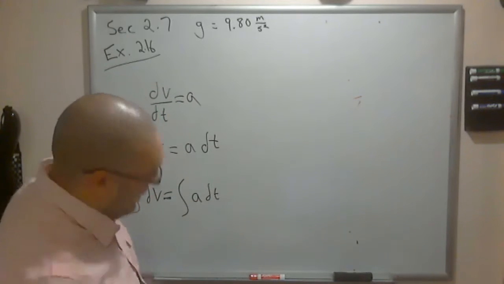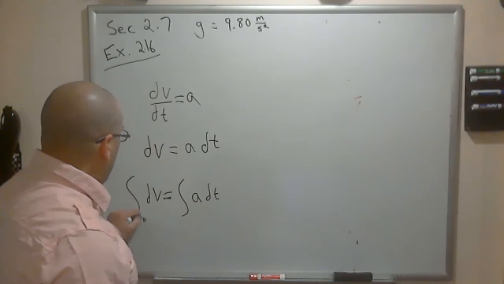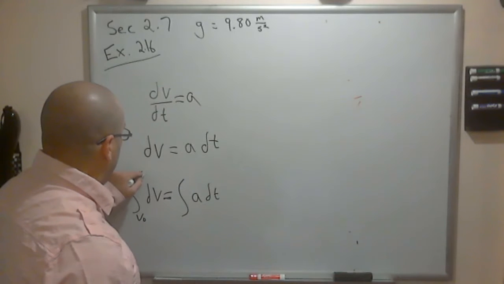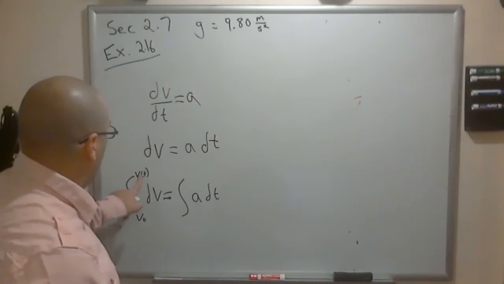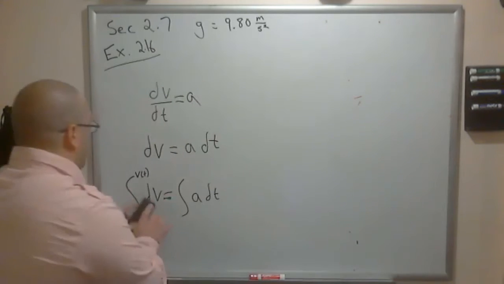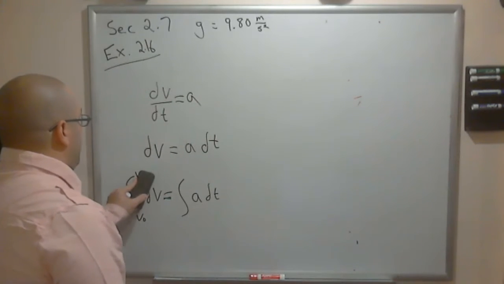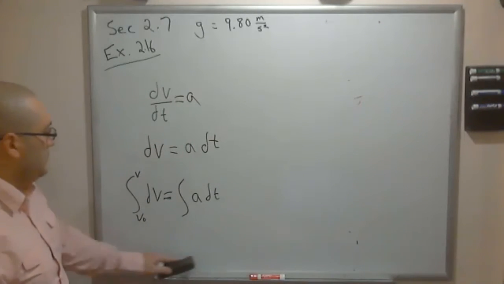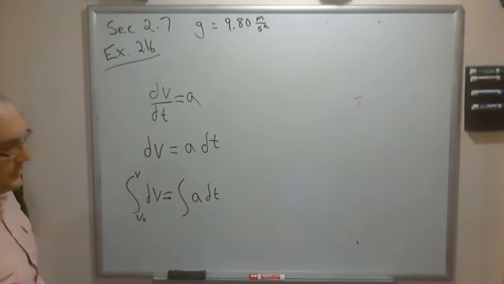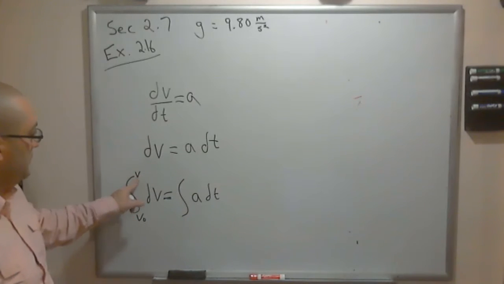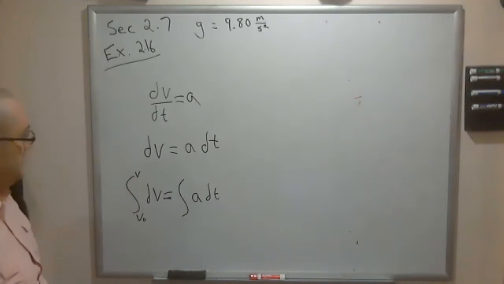And we'll go from v naught to some v at a time t later, right? We'll just call it t. I don't want to type it in as a function yet, because it's easily confused as multiplied by t, but that's just a function. I'm just saying that v is a function of t.